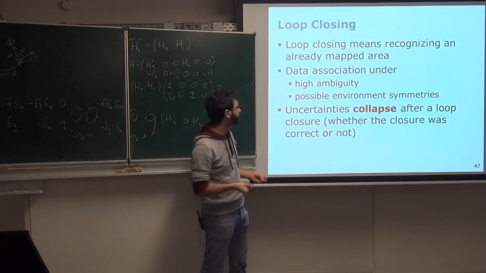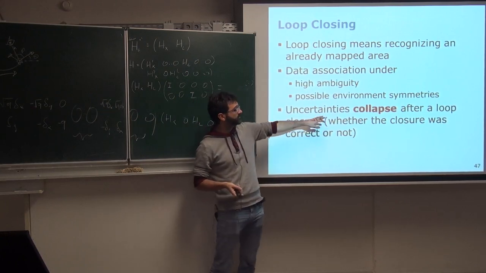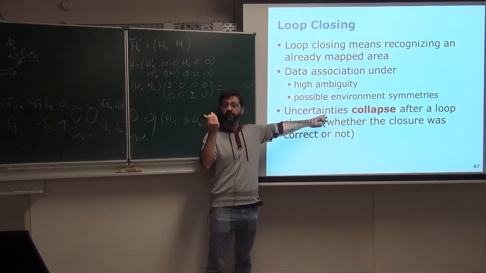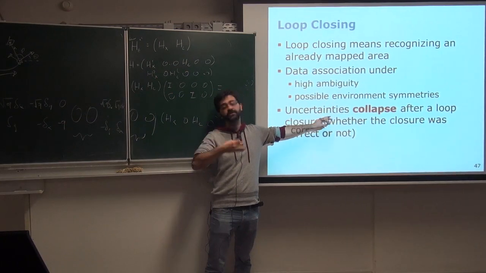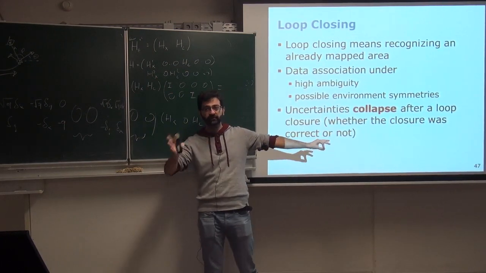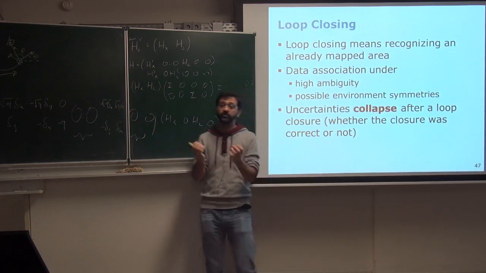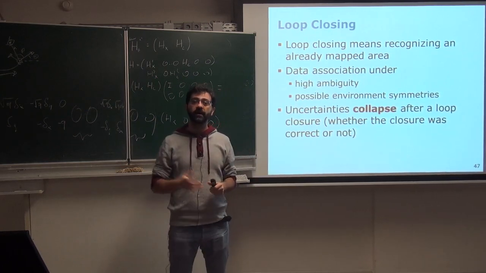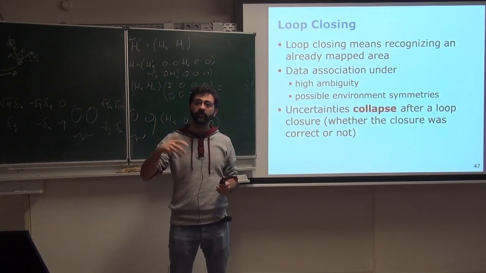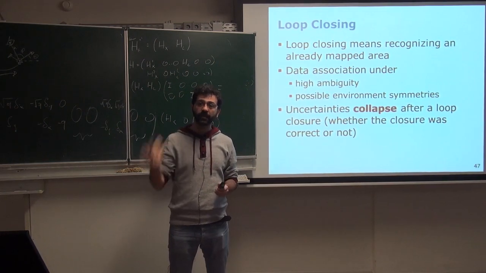But the interesting thing is that once you do a correct data association, or actually once you do any data association, correct or not, the uncertainties will just collapse. So you really get very certain about your map in a lot of places by just observing something far away.